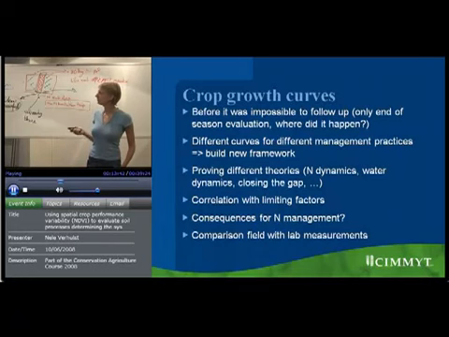Okay, so before we just looked at our end of season yield results, and now we have the possibility to follow up crop development throughout the season.